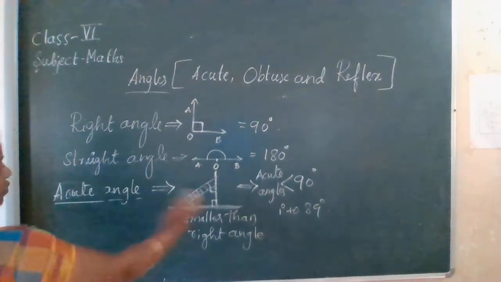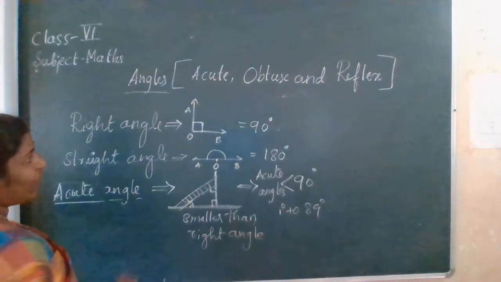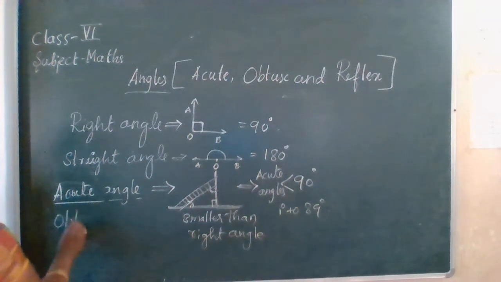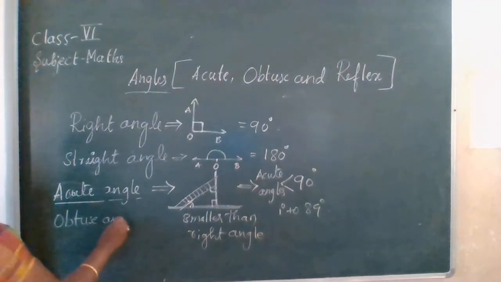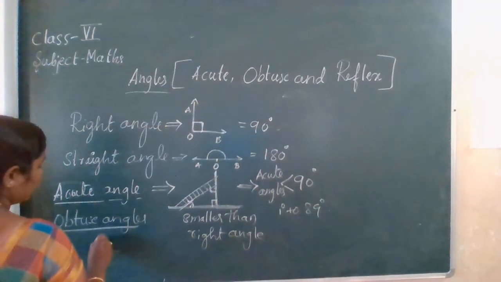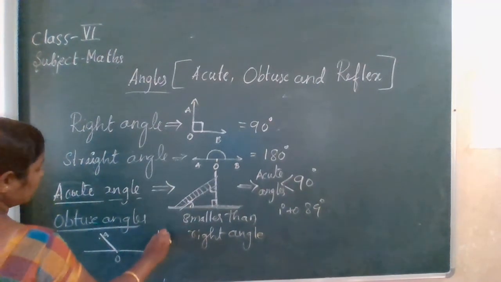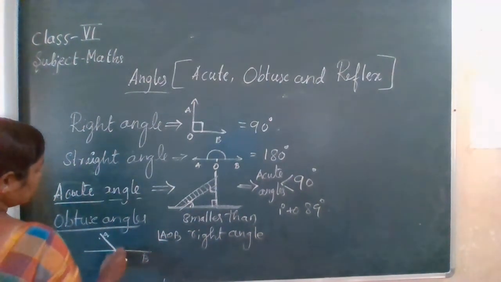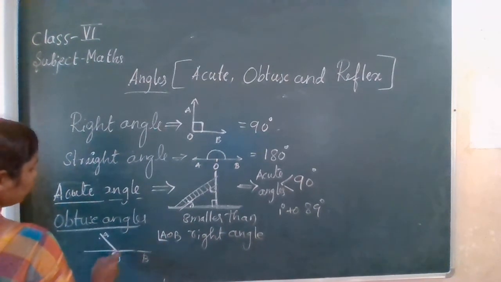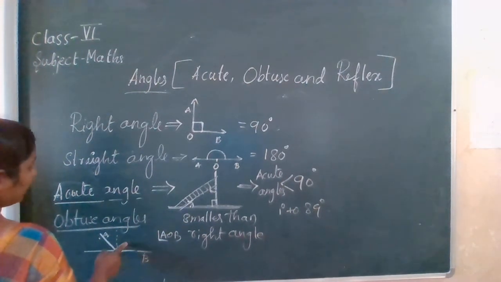Now, I told you that angles less than 90 degrees are called acute angles. Then what are obtuse angles? I will show you one. Here is the angle AOB. This is not an acute angle. Acute means it will come here. If it is a right angle, it will be straight. But this is more than a right angle.